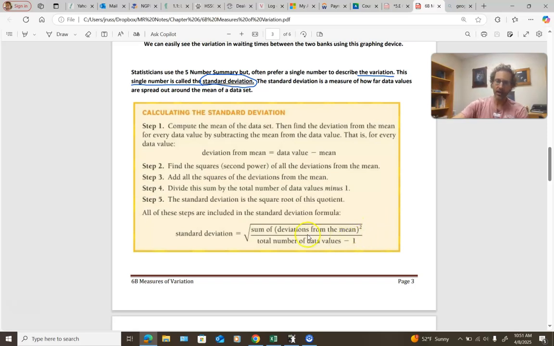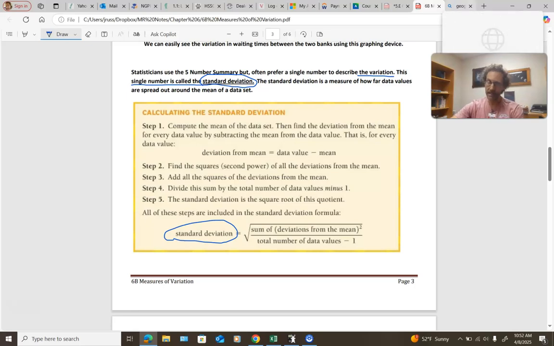And then we add all of those up, and then we divide whatever that value is by the number of data values that we had, take away 1. And then at the very end, we take the square root of that resulting number, and that is how you find the standard deviation.